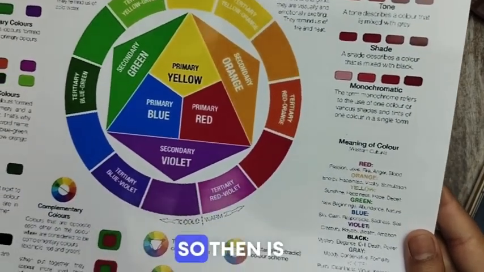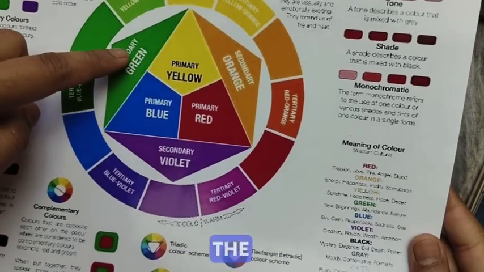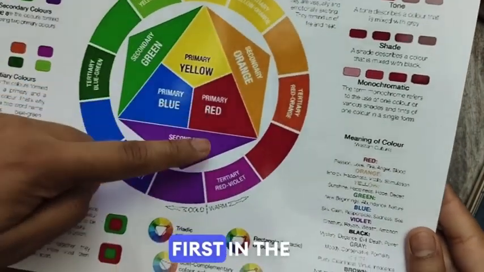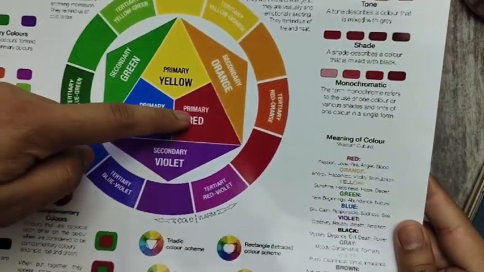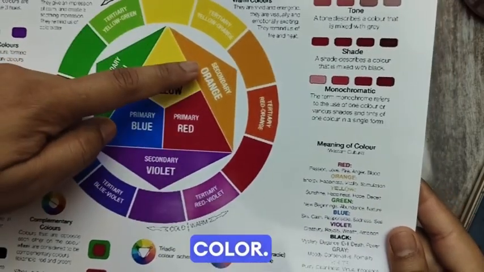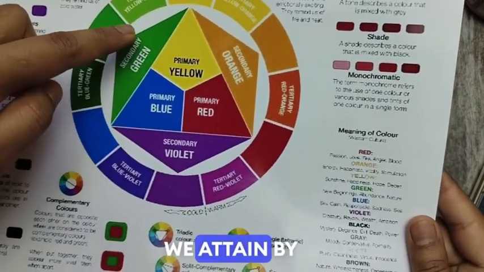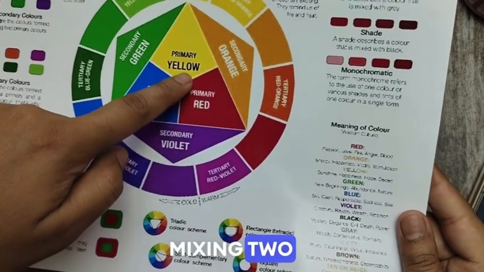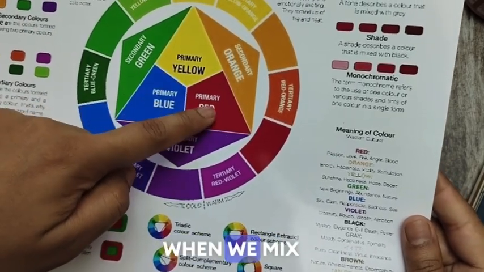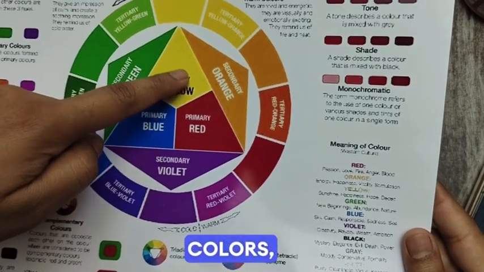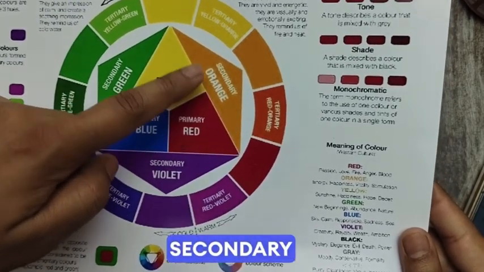Okay, so then are the secondary colors. First in the color wheel are primary colors, then are the secondary colors. Secondary colors are those which we attain by mixing two primary colors. Okay, when we mix two primary colors we get one secondary color.